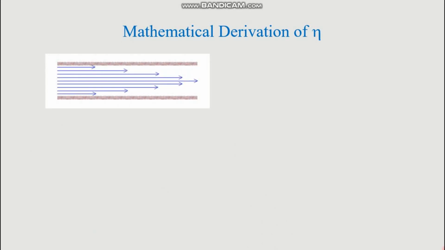Next, let's move on to the mathematical derivation of eta. This is a liquid which is flowing through this pipe, and these lines indicate the flow of that fluid. It may be liquid or sometimes gas.